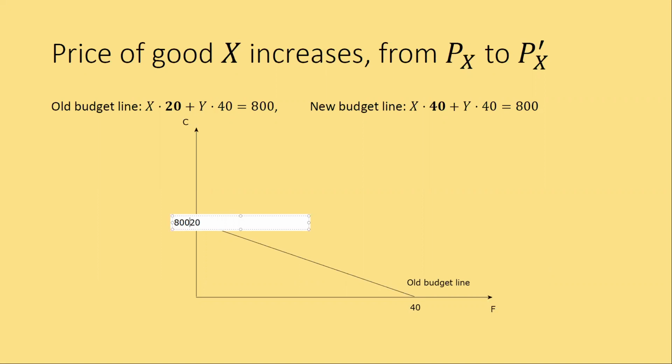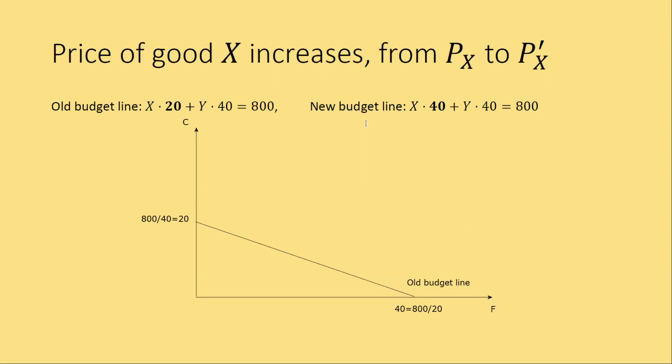We find this 20 by dividing 800 by 40. And the 40 over here, we find it by dividing 800 by 20, which is the price of food.